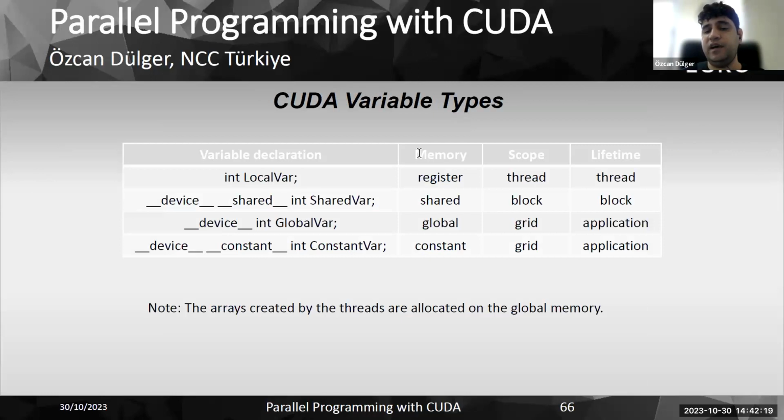When the block is destroyed, this shared variable is destroyed. And we have a global variable. It is allocated on the global memory of the GPU, and its scope is until the application is terminated. This variable is then destroyed. And it is also the same for a constant variable.